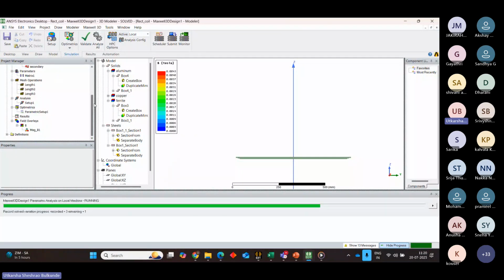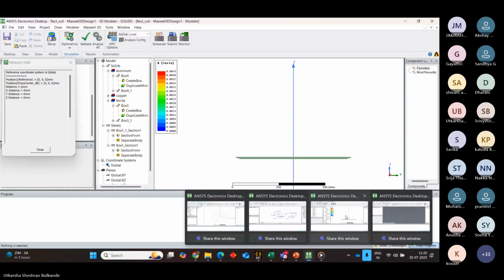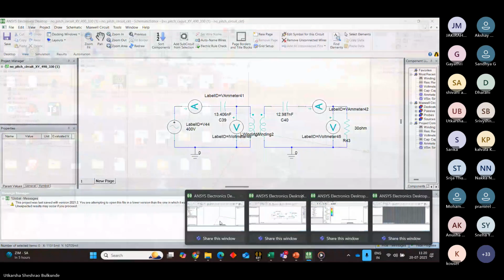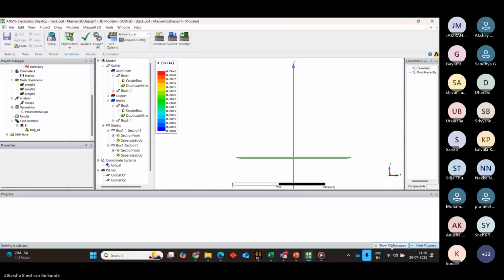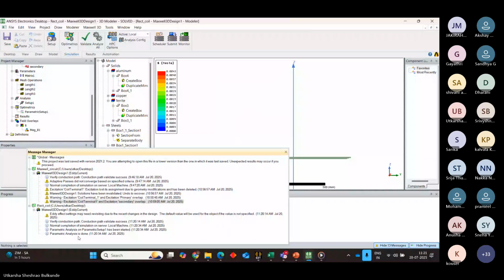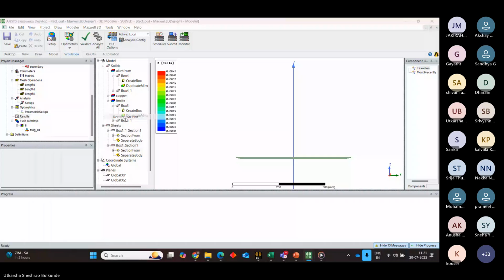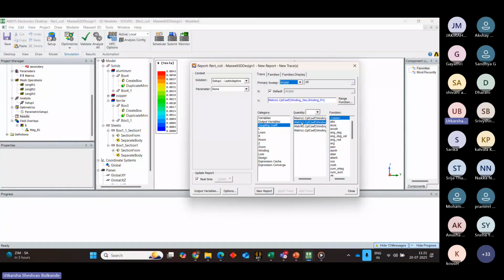I'll just first check on one value. Okay. Air gap, coupling coefficient.